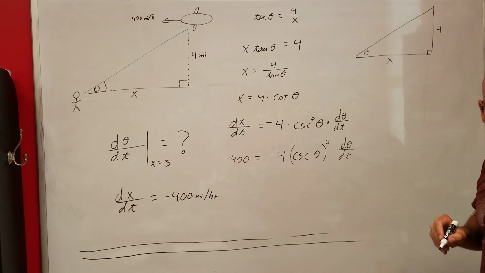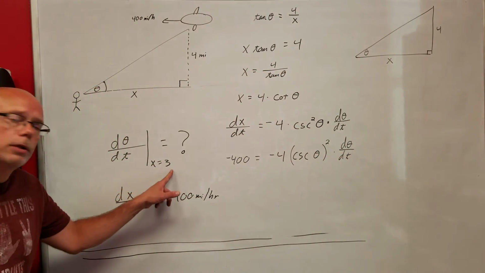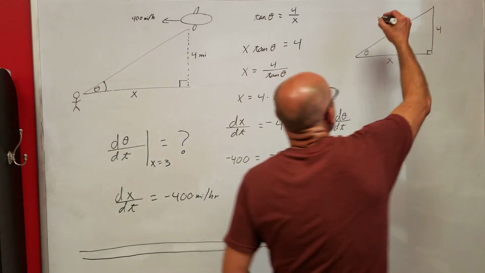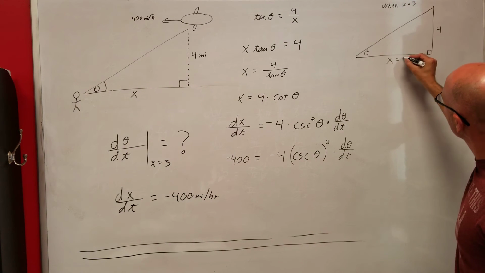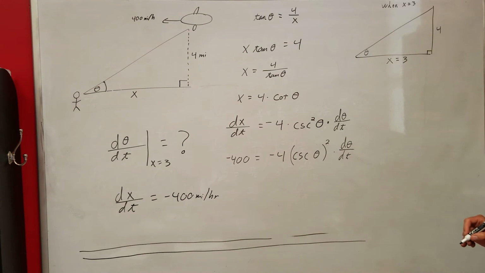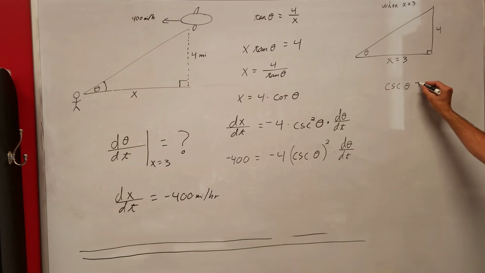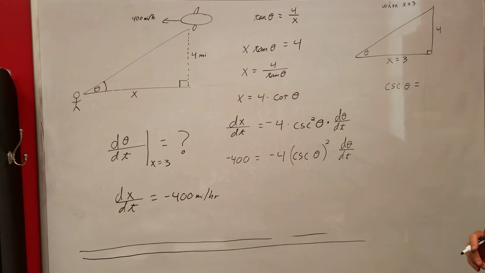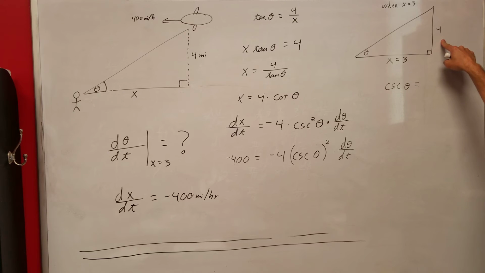Here's theta. What am I looking at? I'm looking at whenever x is equal to 3, so I'm going to call this x value 3. So what would my cosecant of theta be? What is cosecant? Hypotenuse over opposite.